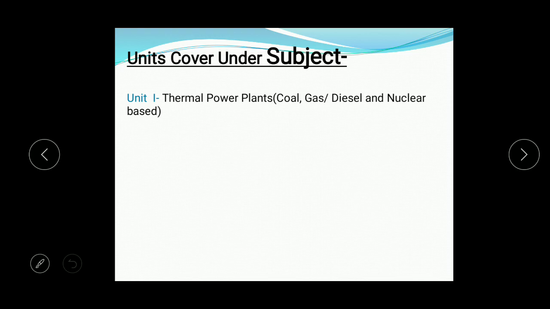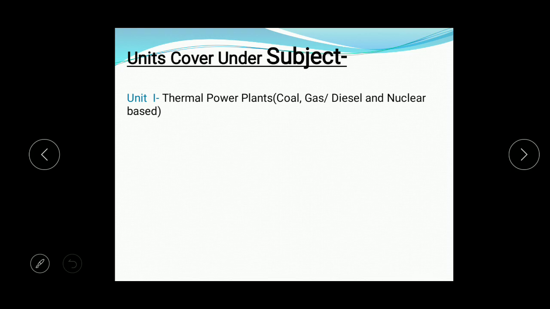We also see the safe practices and working of various thermal power plants, the function of the coal fired boiler, gas and diesel based combustion engines, types of nuclear reactors, and the thermal power plants in Maharashtra. All these points we can see in the thermal power plant unit.